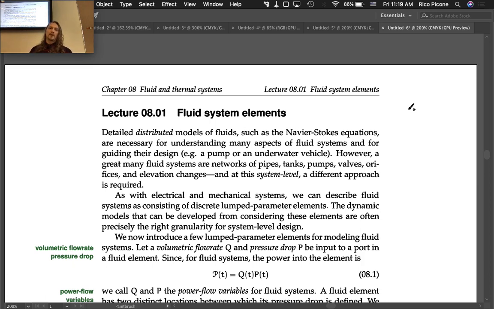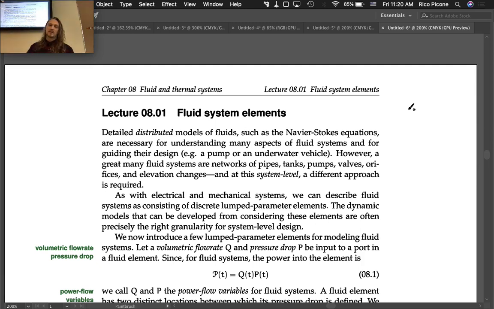So that's why we learned this technique, which I think, I'm a little bit biased, but I tend to think that these system dynamics techniques are applicable more often than some of those other techniques in engineering practice, because we're often looking at a system design and not the very detailed design of one part in the system.